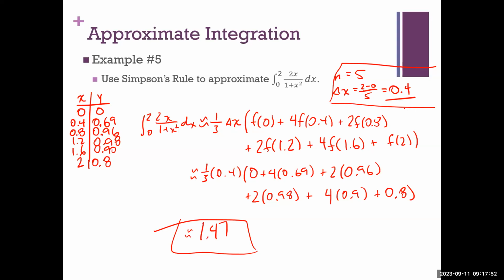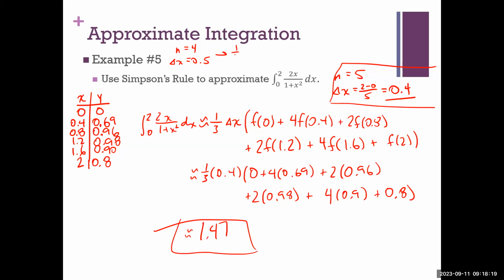What would happen if we did 4 subintervals? If we did n equals 4, that's going to give a delta x of 0.5. If we look at 4 subintervals, we're looking at 5 boundary points, right? So if we look at those 5 boundary points, then what's our sum going to be?